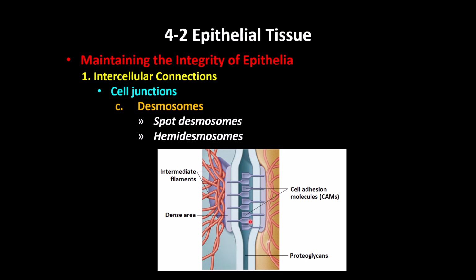These are transmembrane proteins, and they are interlocking each other. So they are connected with each other. These cell adhesion molecules are attached to another structure called the dense area, and the dense area is supported by the intermediate filaments, one on each side, and this is why it's called a spot desmosome.